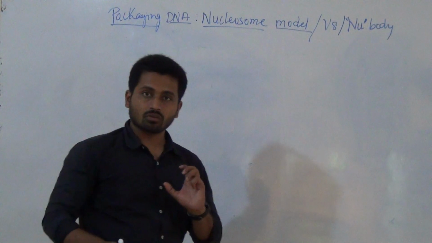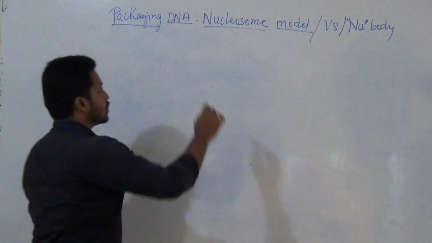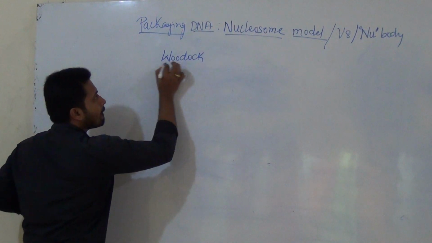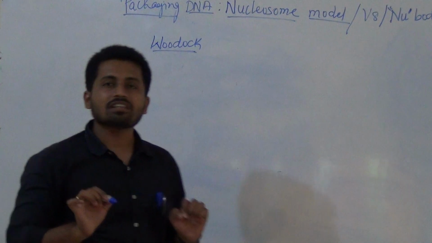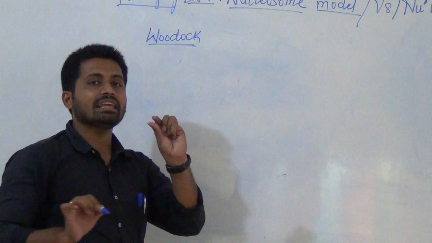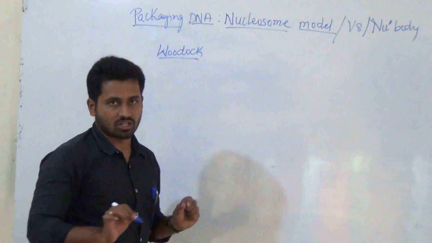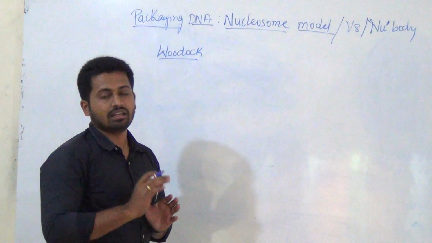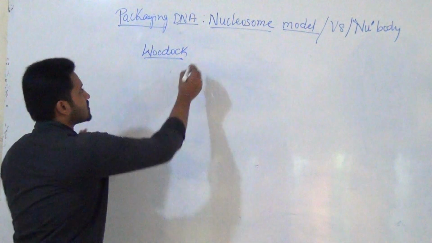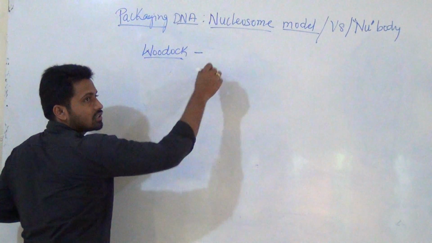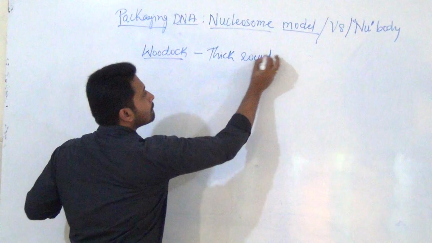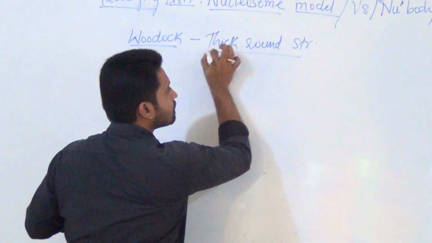What is this? Scientist Udok first time showed that there are some bead-like or round structures in the nucleus. When he observed in the electron microscope, he first time told that there are some thick round structures.